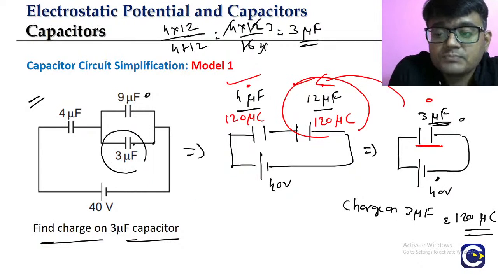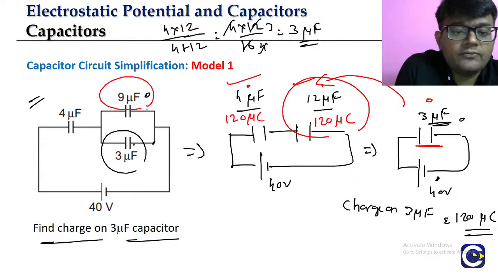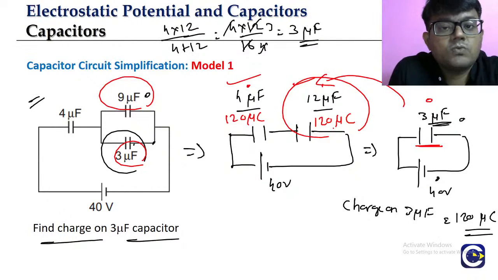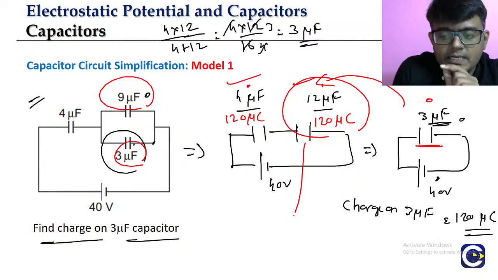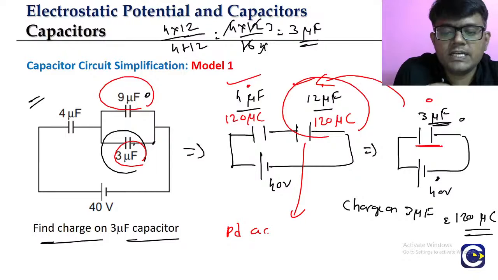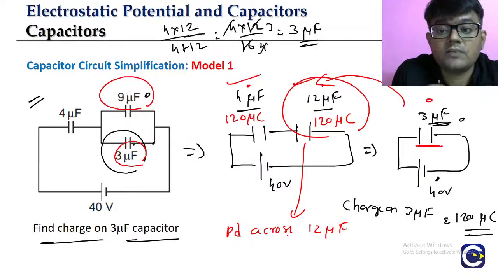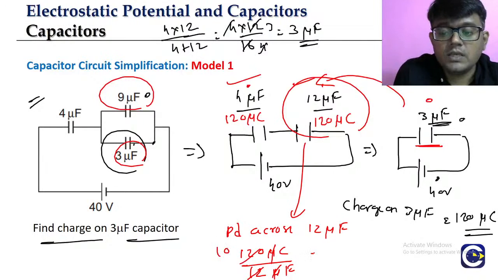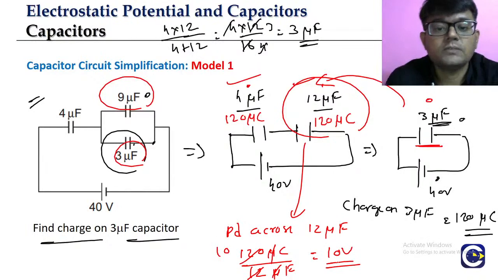Look here, the 12 microfarad is the equivalent of 9 and 3. What is the charge on the 12 microfarad? 120 microcoulombs. What is the potential difference across the 12 microfarad? Charge divided by capacitance, so micro cancels, and we get 10 volt.